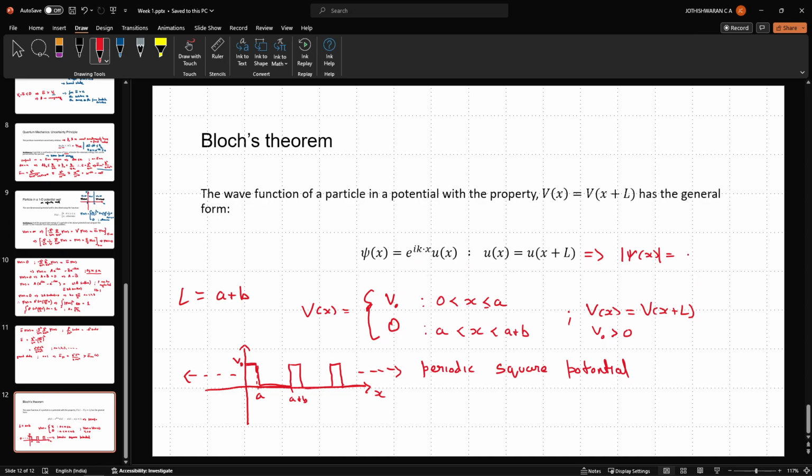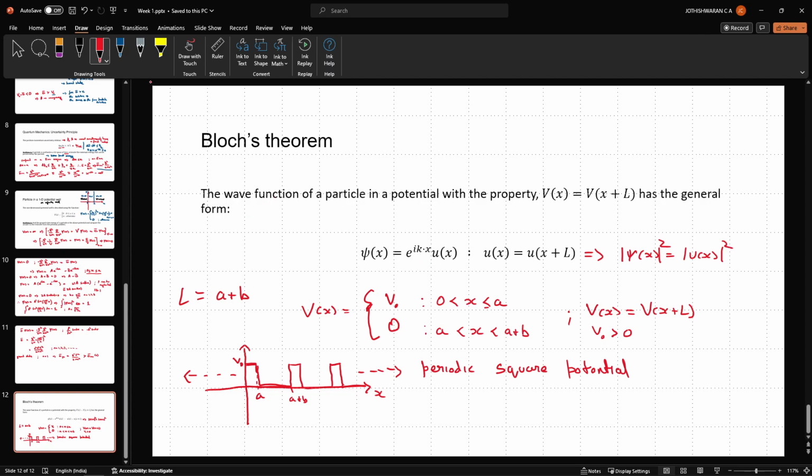It's a unit magnitude complex number. Therefore, as far as the probability distribution of the electron is concerned, that is going to be periodic, because if these two are equal, then the squares of these two quantities are also equal. Since u of x is periodic, the probability density function is also a periodic function. However, the wave function itself is not periodic.